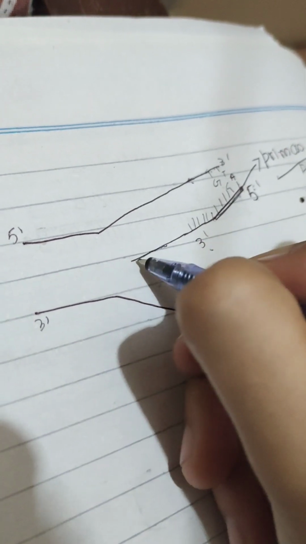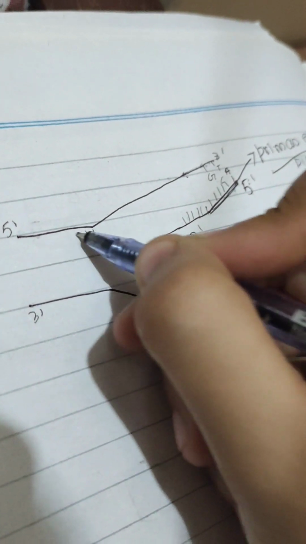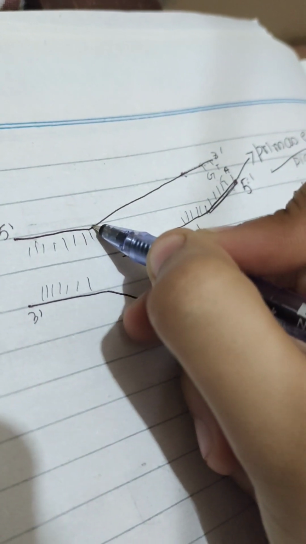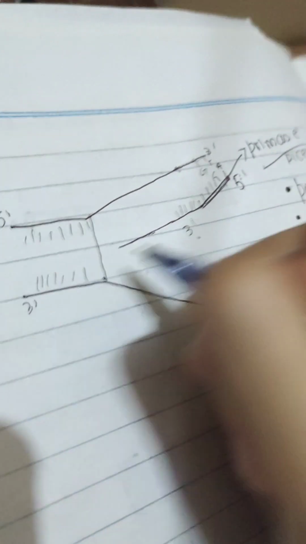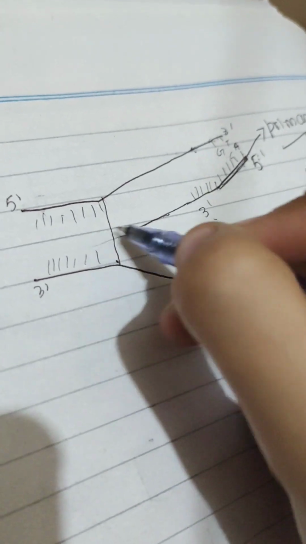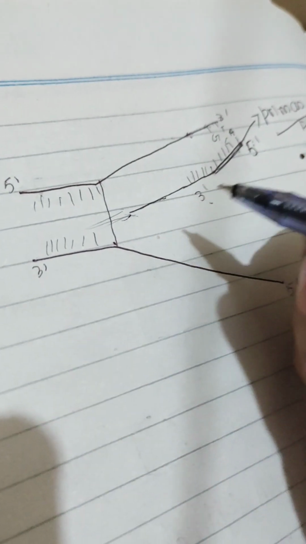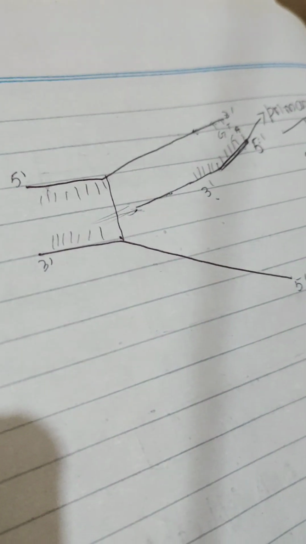But it always stops here, because it always works at the fork. To cut that fork, another enzyme will come, which we will see in another part of this video.